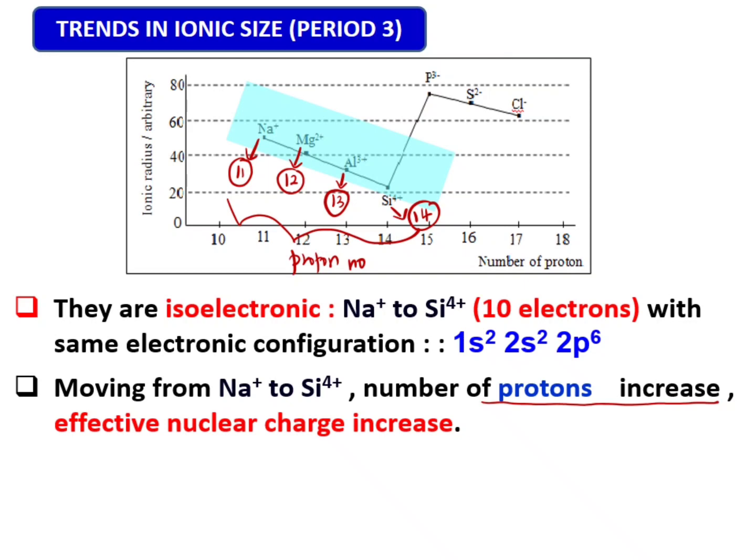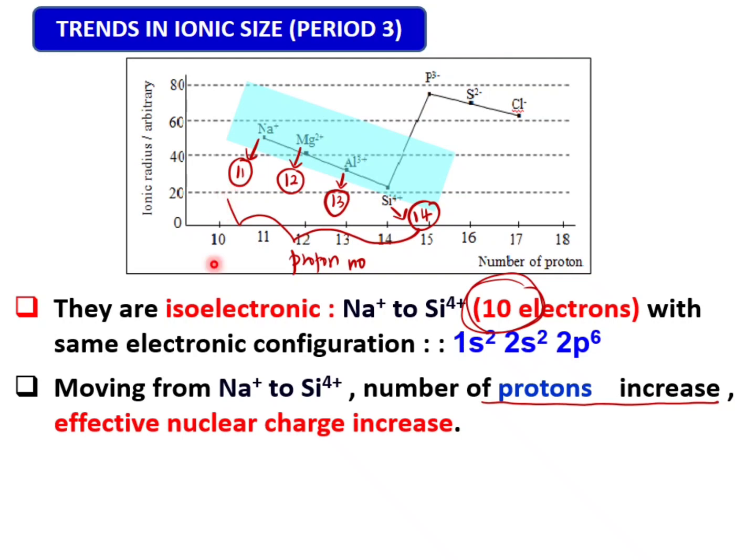Meanwhile, the whole ions here, which are sodium, magnesium, aluminium and silicon, only consist of 10 electrons. See? All four have 10 electrons, the same. But what is different? The proton number.